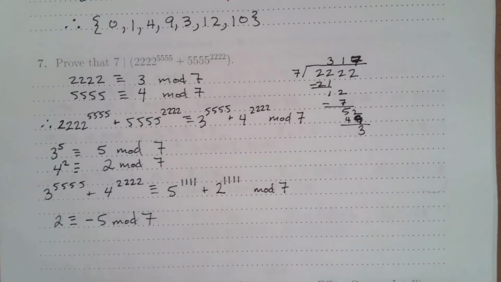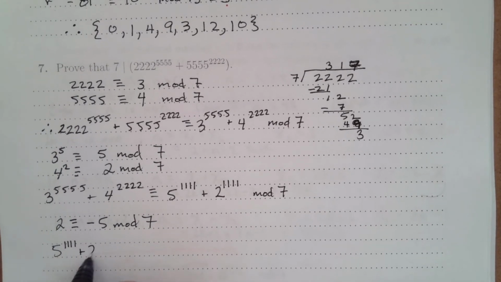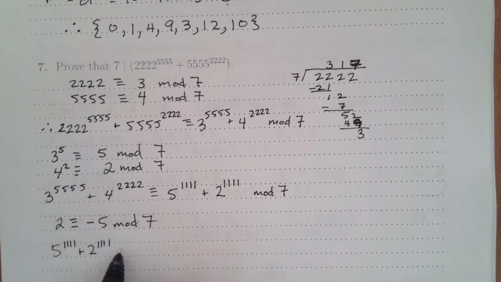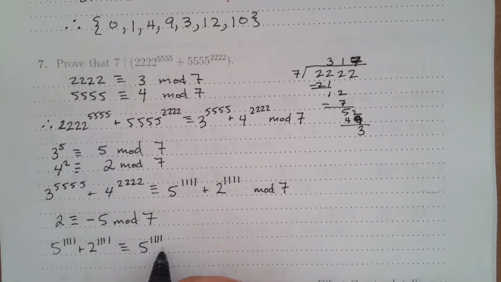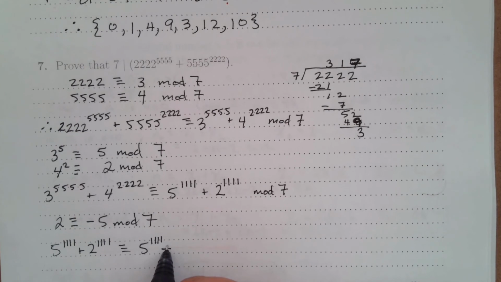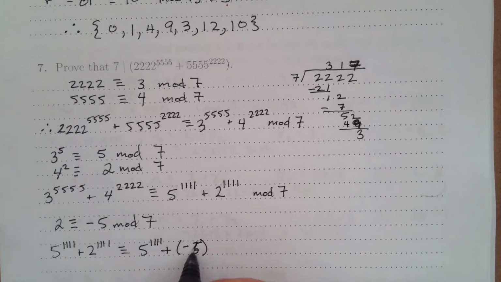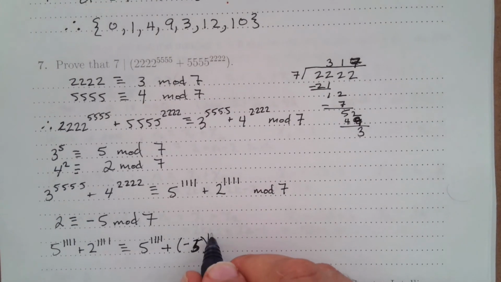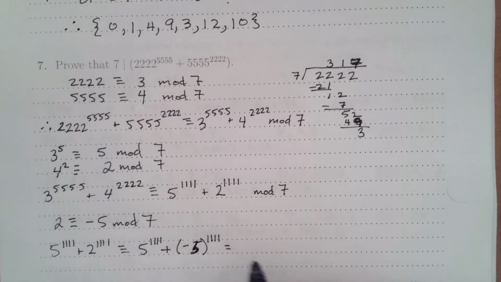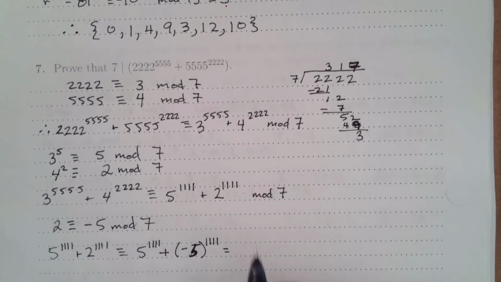So that means for us that 5 to the 1,111 plus 2 to the 1,111 is equivalent to 5 to the 1,111 plus negative 5 to the 1,111, which we know, negative raised to an odd power, is going to be negative.